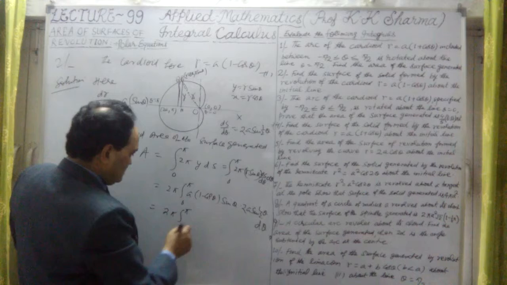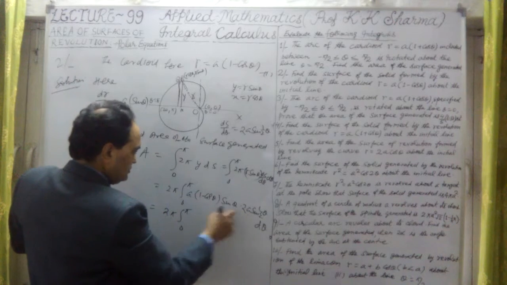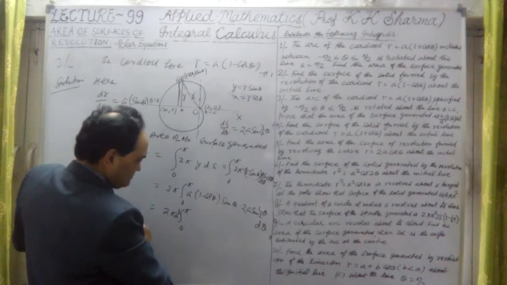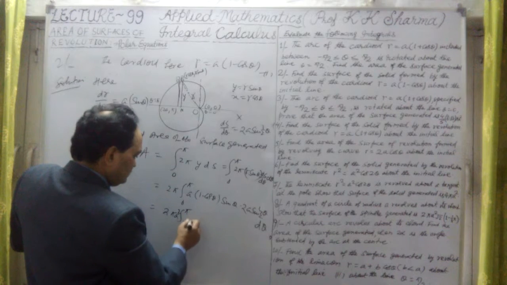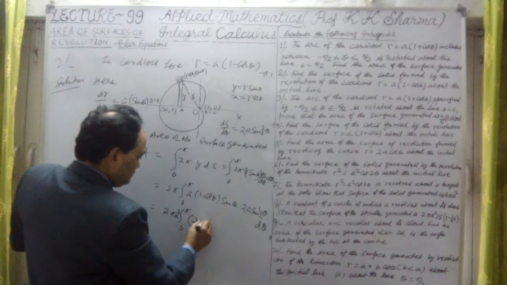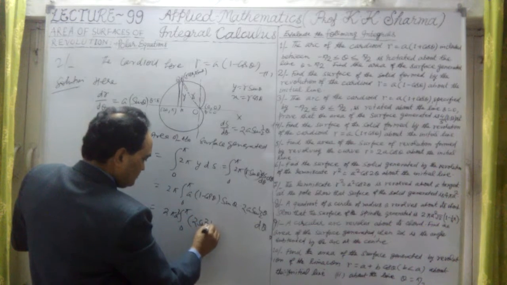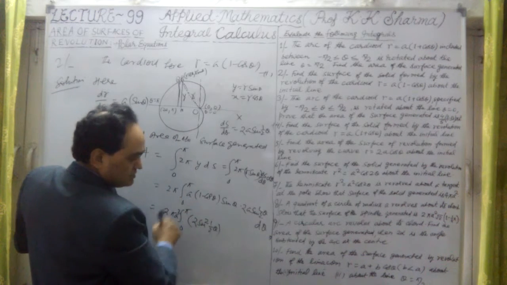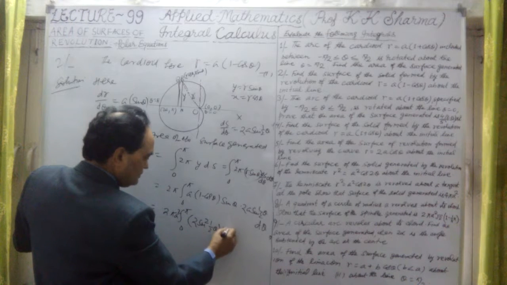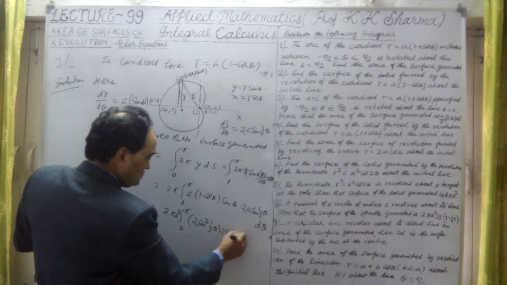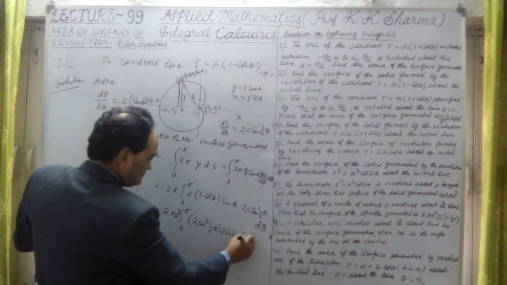Here a into a, we can take a square outside. Now this 1 minus cos theta is 2 sin square theta by 2, and this into sin theta is 2 sin theta by 2 into cos half theta.